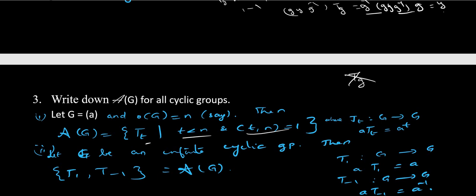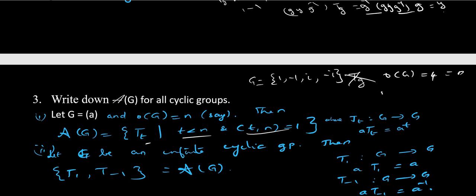Now this T suffix T, how it is defined from G to G: once the generator is taken, any element's image can be easily known. So A under T suffix T is nothing but A raised to T. For example, if we have G to be {1, -1, i, -i}, it's a finite cyclic group, the order of G is 4, so here we consider n to be 4.